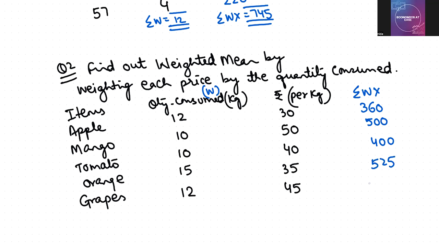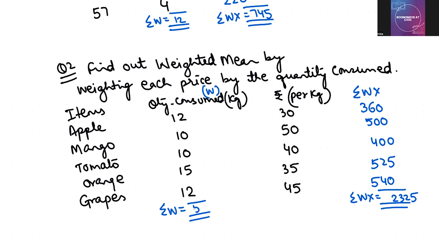Simply you will multiply and you will get the total out of that. So adding all these, you will be getting 2325. And this is summation wx. Now the summation of weights: 12 plus 10 plus 10 plus 15 plus 12, we will get 59. Now I'm going to write the formula here.